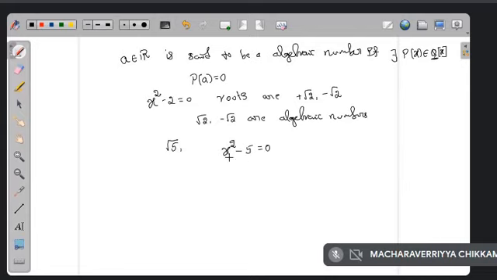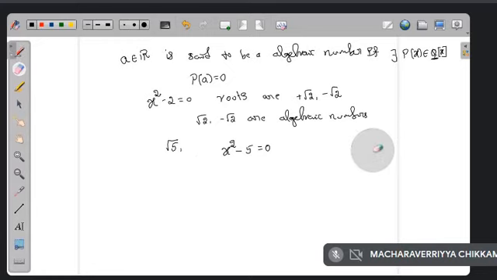The coefficients of this polynomial are nothing but 1, 0 and minus 5: the coefficient of x square, the coefficient of x, and the constant. So the coefficients here are rational, and therefore root 5 is an algebraic number.